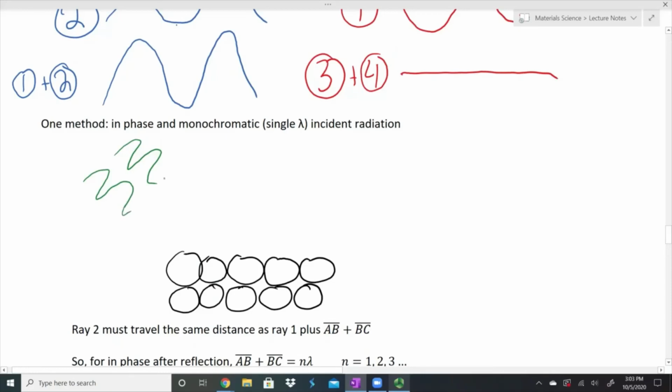This first one's going to come in, hit this top atom, and bounce out. And then I'm going to have a second one that comes in, and maybe it'll make it through the first layer, but it will bounce off the second layer and come out. What we want to do is see, after the wavelengths come out, are they still in phase?